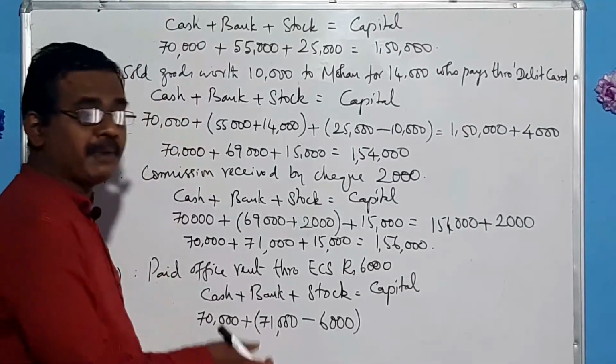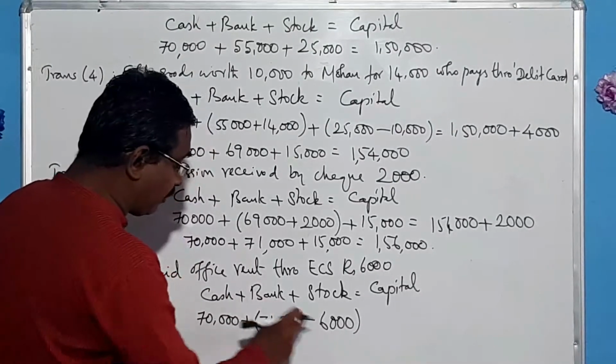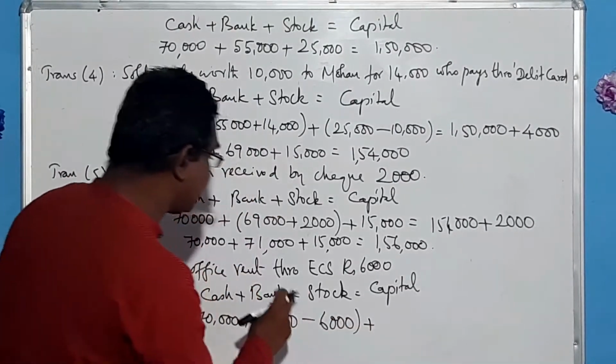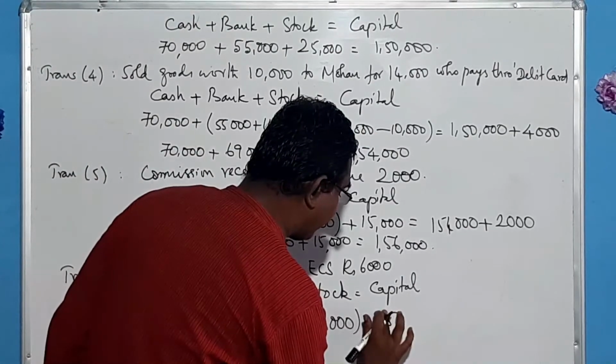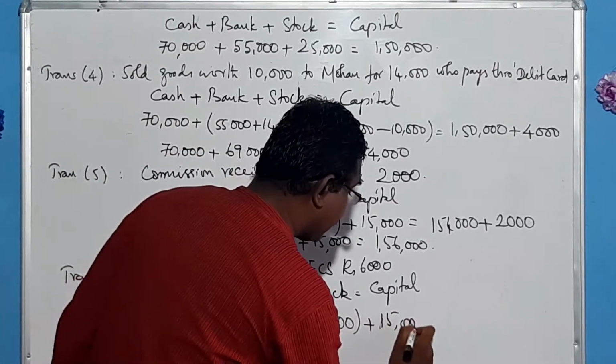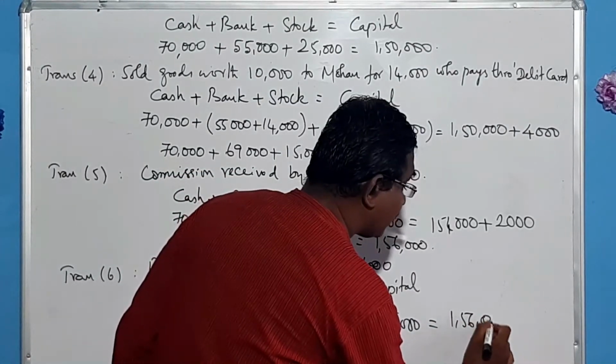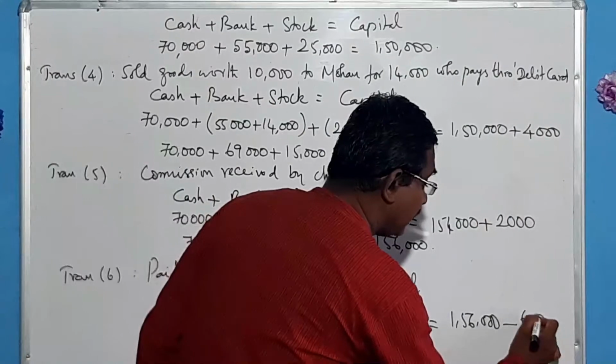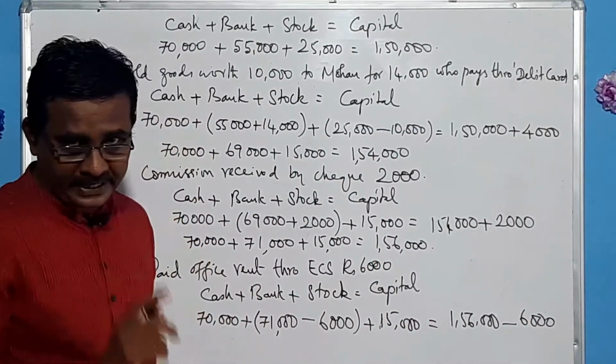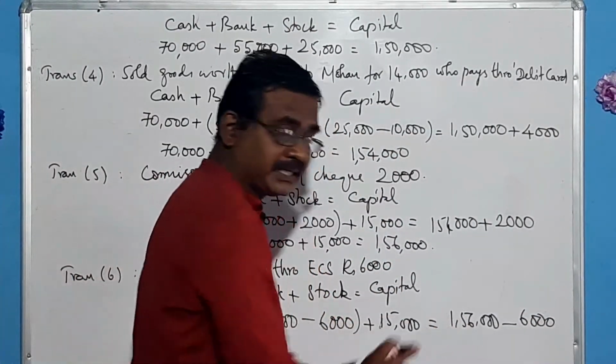So it means bank will pay the amount. Subtract that amount from bank. There is no change in the stock. Stock remains 15,000, and capital 1,56,000. You have to subtract that 6,000. Why? It is an expense. All expenses should be subtracted.